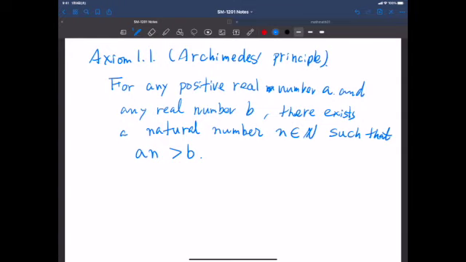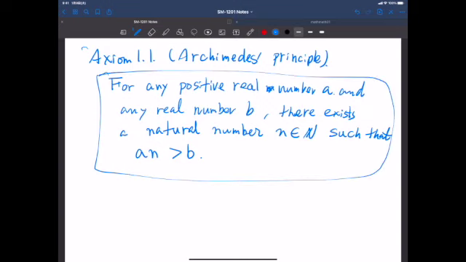Okay, so this is not a theorem. This is an axiom, so we accept this as true at this point. Actually, if we accept some other axioms, this may be derived as a theorem, but here we accept this as an axiom.